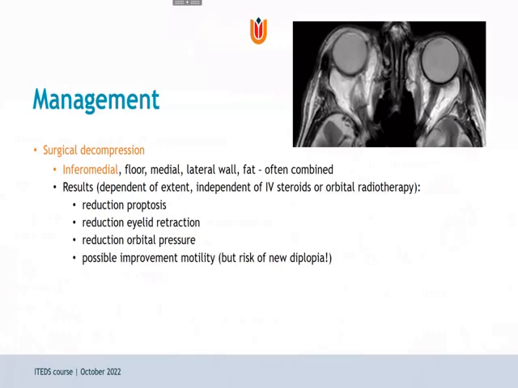The results are independent of the previous use of IV steroids or radiotherapy, but they are dependent of the extent of decompression. So surgical decompression results in a reduction in proptosis, eyelid retraction, and orbital pressure, and possibly improves motility, although there is a risk of new onset diplopia.